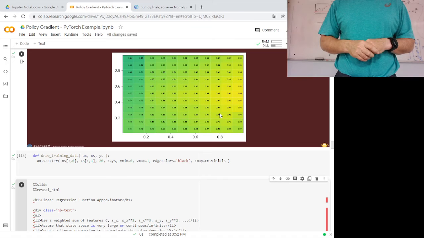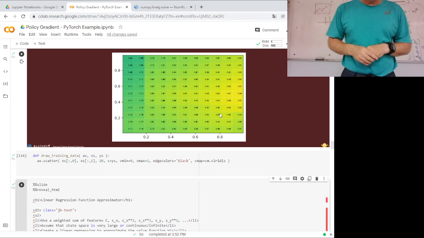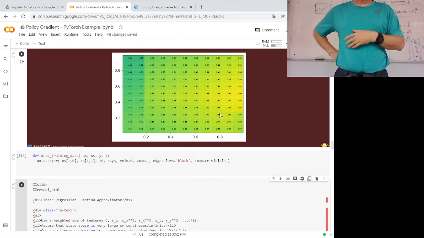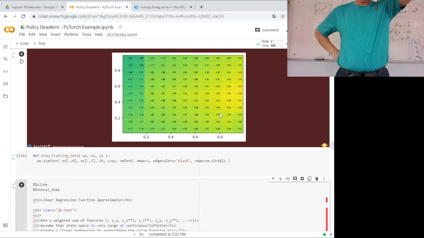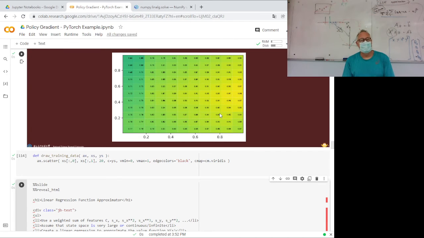It's a library developed by Facebook AI Research, so FAIR, and I like it a little bit better than TensorFlow. But TensorFlow is also a very good library. JAX is another one you could be using. We'll just use PyTorch in this particular course.